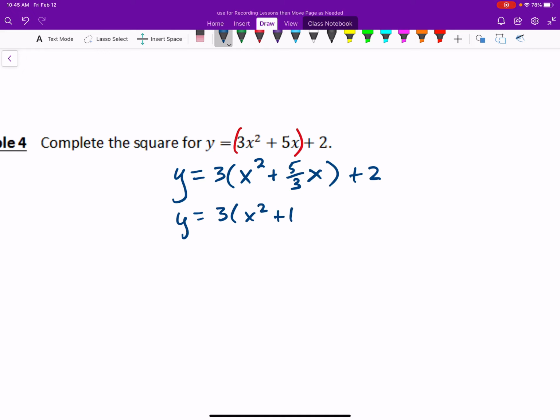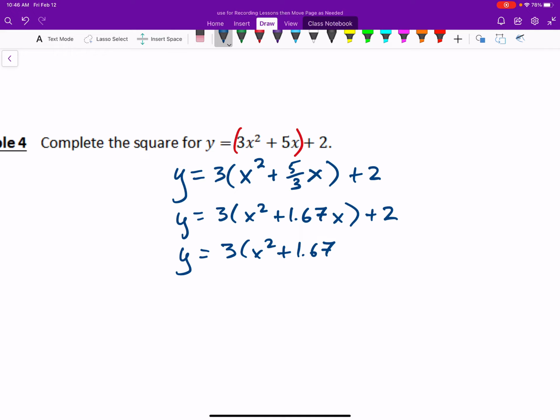So x squared plus 1.67x, I'll round it a little bit. So I took that 3 out. I didn't want to have anything in front of the x squared. And then I'm going to take half of that 1.67 and square that. And what I get when I do that is, let's see, 0.69.